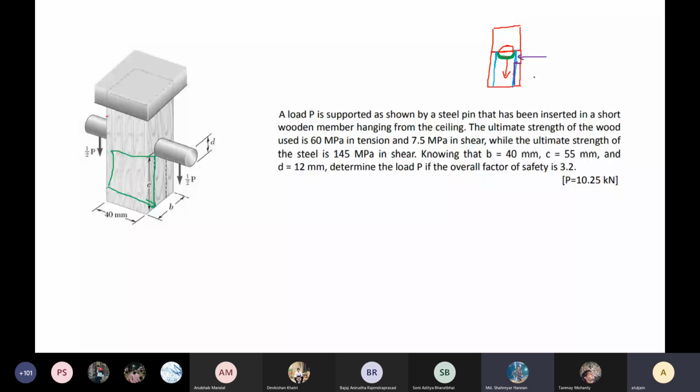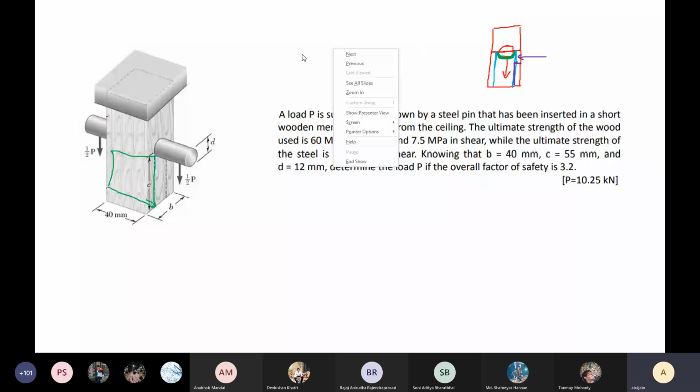Sir, so here for shear stress, you have taken area 40 into C, but the load is not along that area 40 into C. Which load? But we are looking at average shear stress. Yes, sir, the load P. Then we are saying that, let's draw the free body diagram of the hood. Let's draw the section of the hood, I mean.